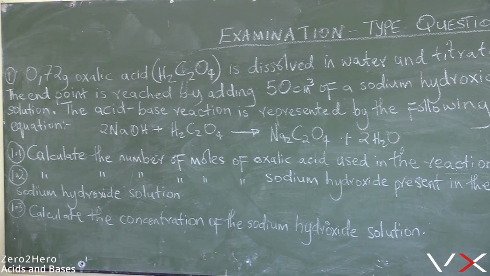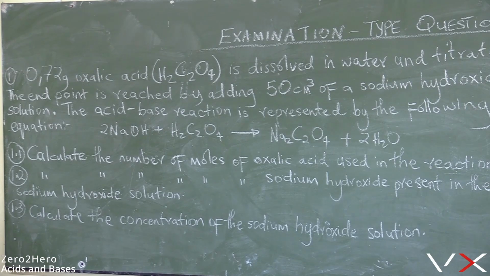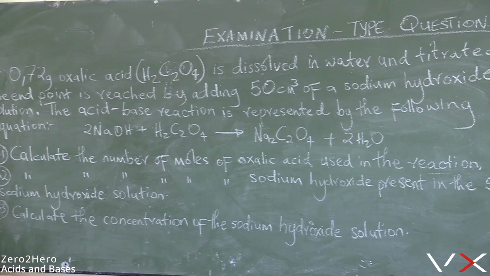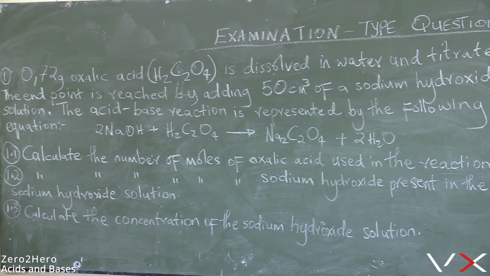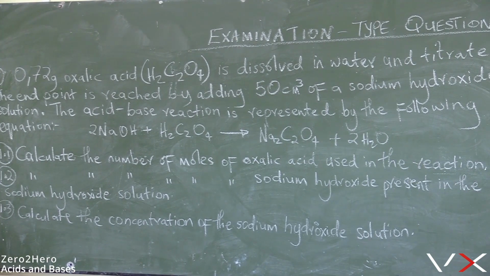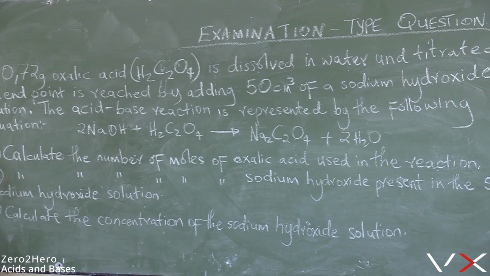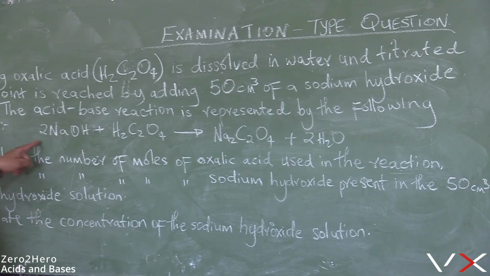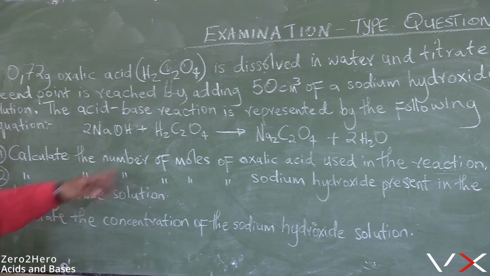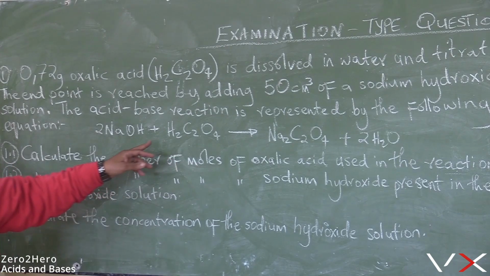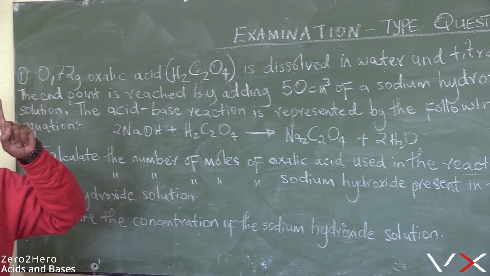So we reach an end point where sodium hydroxide reacts ne acid, oxalic acid. Then they say the acid-base reaction is represented by the following equation. Now looking at this, left base layer is 2 moles of sodium hydroxide, it reacts with 1 mole of oxalic acid. This should tell us something.